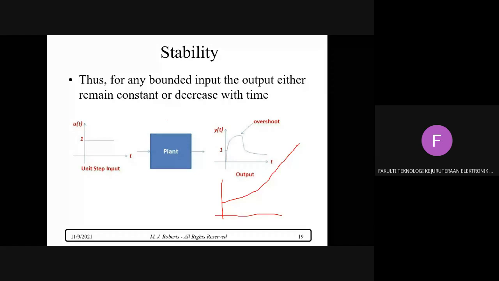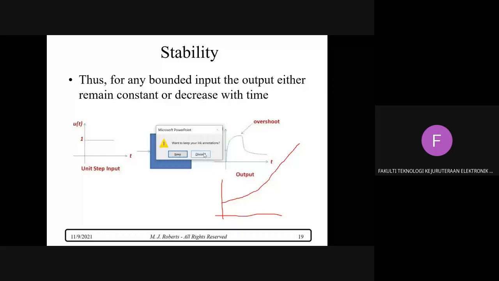The output should either remain constant or decrease with time only. If the output increases with time, the system is not stable. This is incremental, linearly. Okay, so I don't want to discuss much on this.